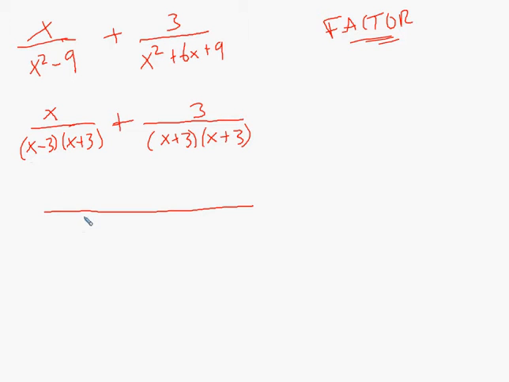I also have an x plus 3. But how many x plus 3's do I have in the second fraction? 2. x plus 3 squared. I'll write it like this just so that we clearly see it.